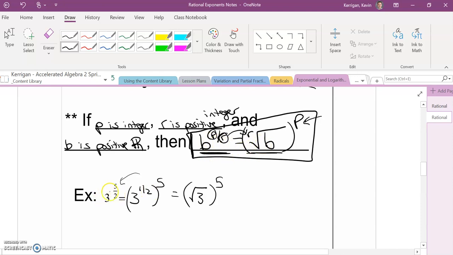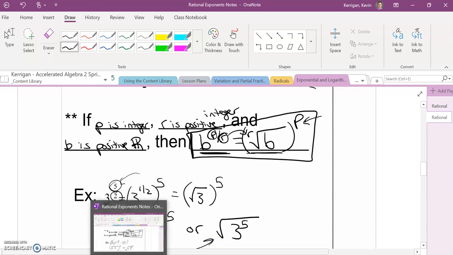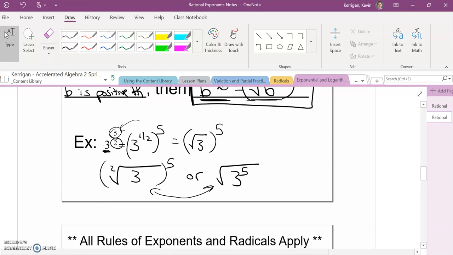Okay? So 3 to the 5 halves, whatever the denominator is, it's the index here, so it's the square root of that base all raised to whatever the numerator power is. Now you can write it like that, or you can make it the square root of 3, and that numerator, that 5, can go inside the radical also. Both of these technically are the same answer. Okay?